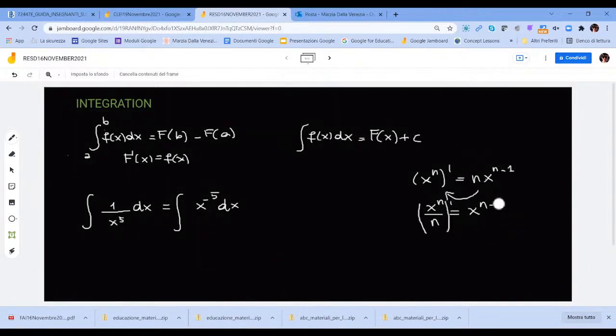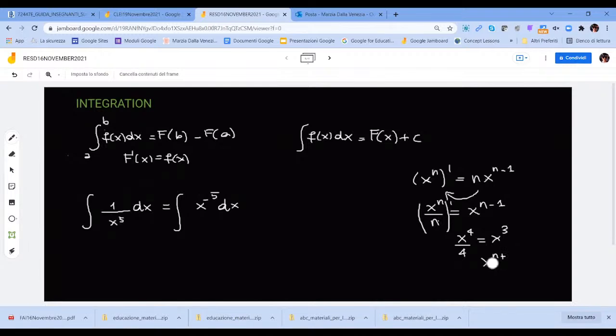That means if our number is, for instance, 3, we have to add 1: n plus 1 is 4. That means x to the fourth divided by 4. So the rule is x to the n.